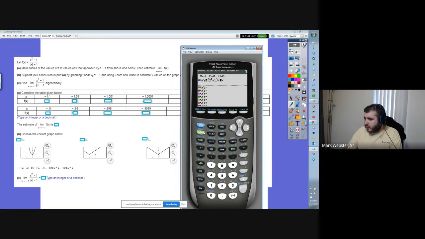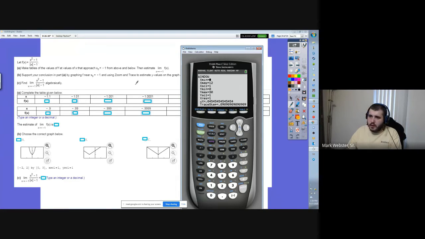Of course. Math, 1, absolute value of x minus 1. You type this in and you can actually make the graph in your calculator.